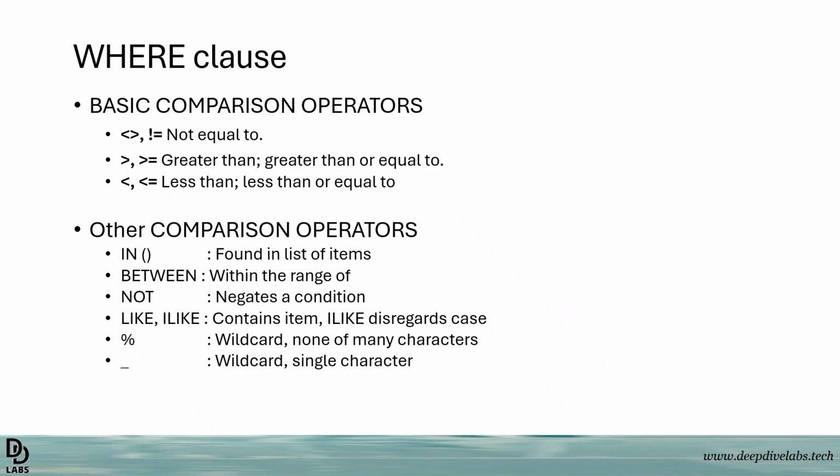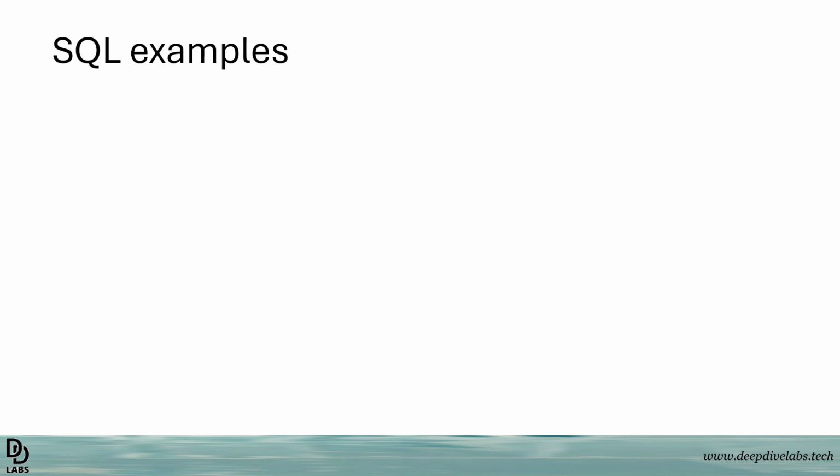And if you want to do a match which disregards case sensitiveness, then we can use I like. And then you can do a lot of string matching, because your columns can be string values as well, right, not just numerical. So you can do wildcard characters like percentage or underscore. We'll see some examples. Let's look at some SQL examples where the different where clause conditions have been implemented.